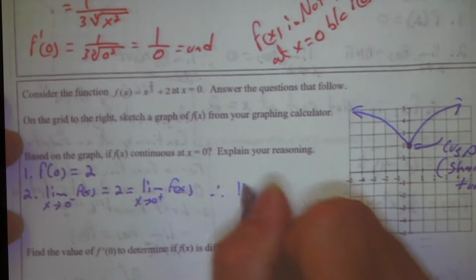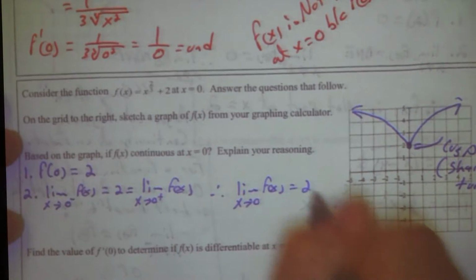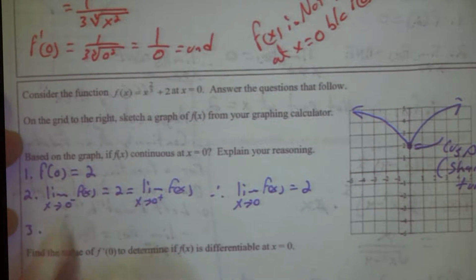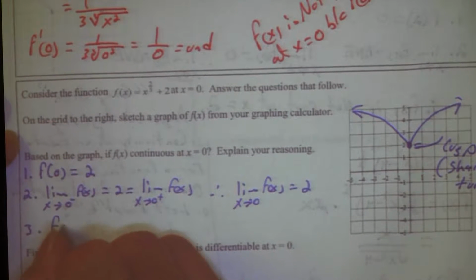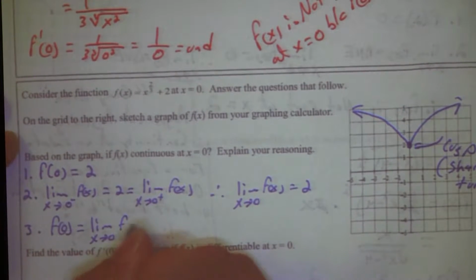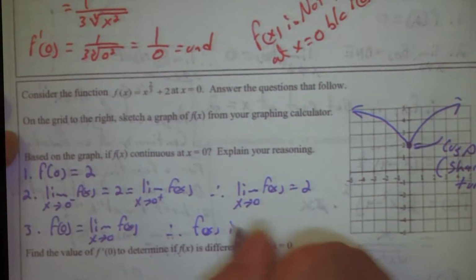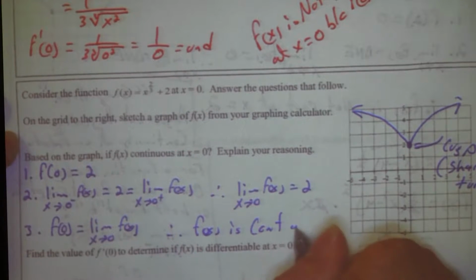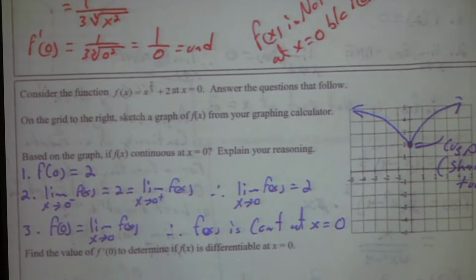Therefore, we can say the limit as x approaches 0 from both sides equals 2. The third step is to show that those two are equal. Are they equal? Yes. So f of 0 equals the limit as x approaches 0 of f of x. Therefore, we can say that the function is continuous at x equals 0. Good?